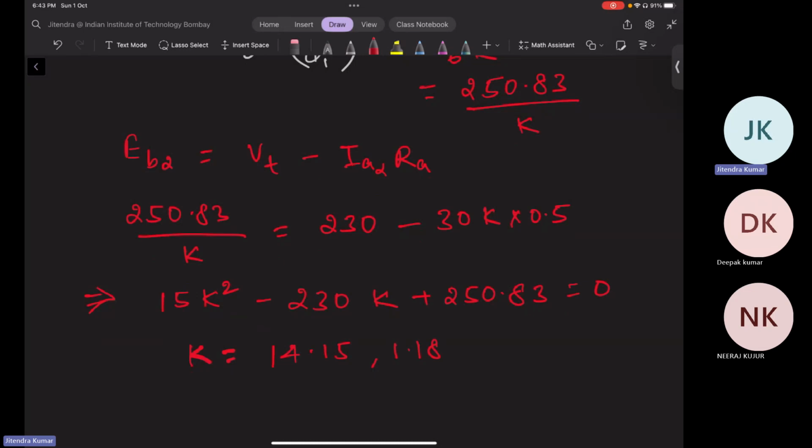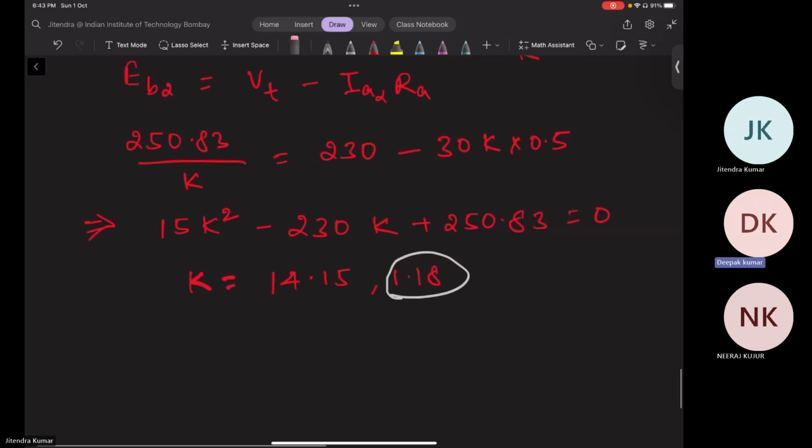Which should you consider? Sir, the less value. Why? Because, sir, the ratio of two flux should be near to equal 1.